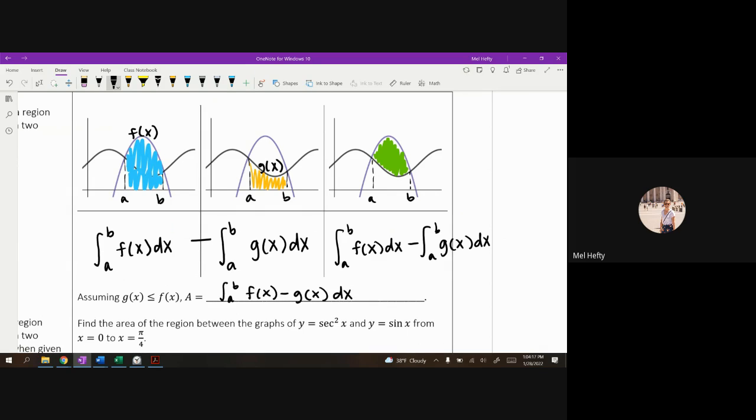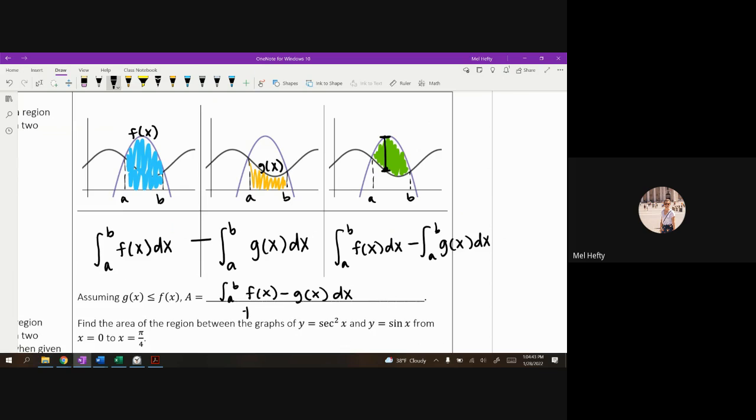What that f of x minus g of x is finding for us is essentially the vertical distance between these 2 curves. So it's almost like we're making a new function whose height is the vertical distance between the 2 curves. I'm going to use very consistent language throughout the entirety of Unit 7 because we're often going to be subtracting a function that is lower from a function that is higher.